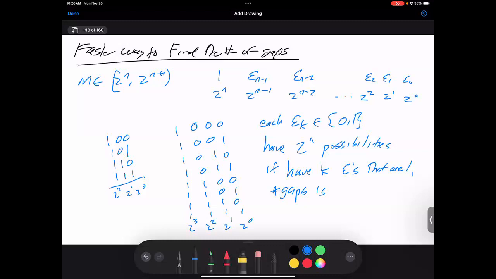So for instance, if we have 1, 1, 0, 1, how many gaps do we have between indices? Would it be 2 gaps? It would be 2 gaps. The gap from 2 to the 0 to 2 squared, and the gap from 2 squared to 2 cubed. If I have 1, 1, 1, 0, how many gaps do I have?